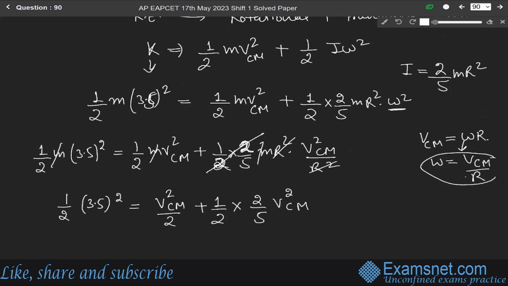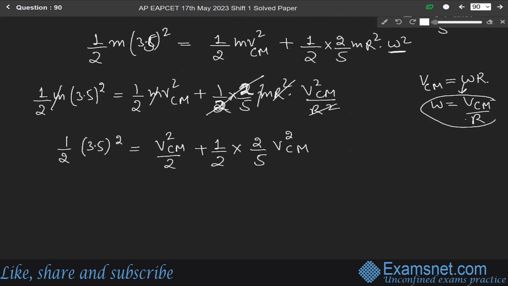Now the 1 by 2 on both sides cancels, so we get 3.5 square equal to v square plus 2 by 5 v square.